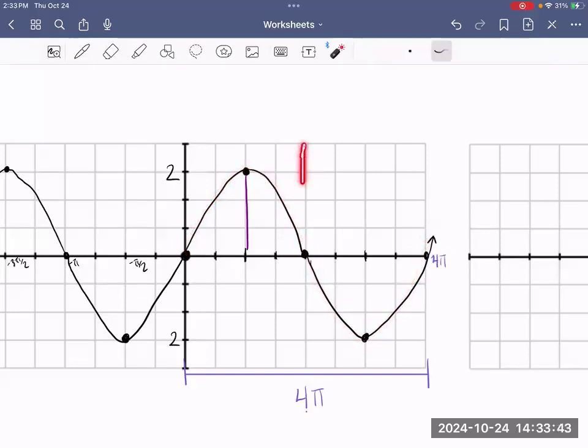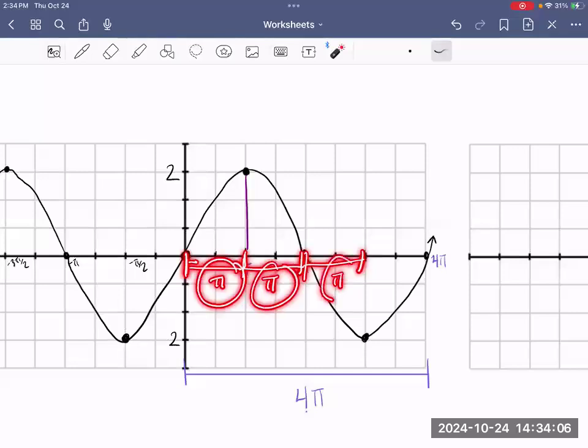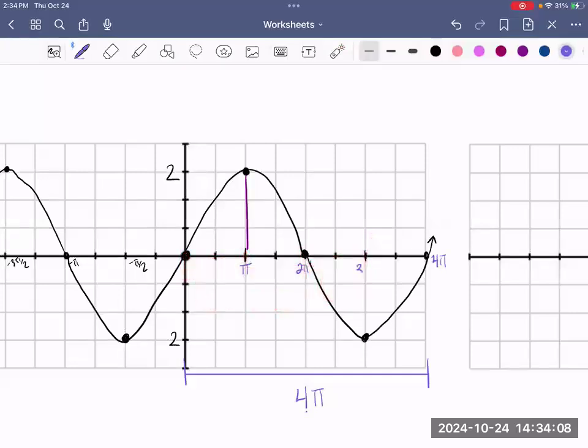So half of your period, half of 4 pi, is 2 pi. And half of this amount here, so half of 2 pi, is pi. In between, if we're going from this point to this point is a matter of pi and another pi and another pi, we have now 1, 2, 3 pi's amount. And then that extra pi will be our finishing.